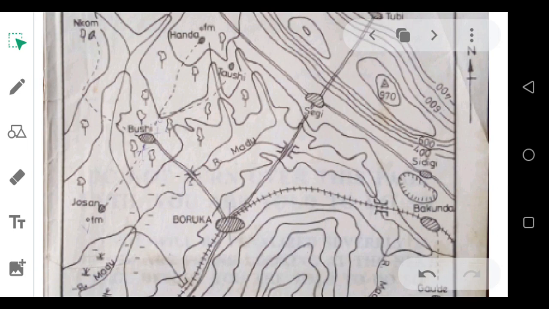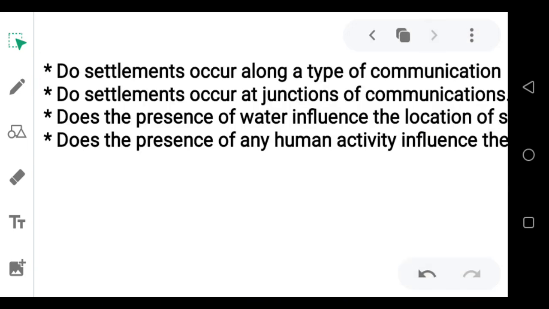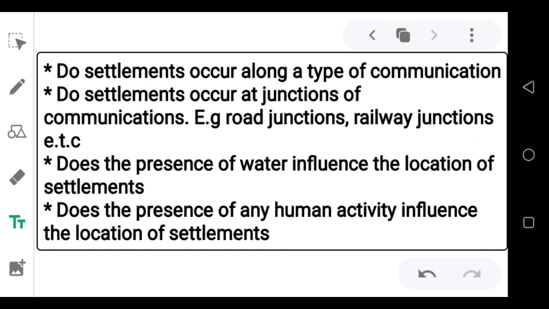Then, secondly, you ask yourself this question: do settlements occur along a type of communication?